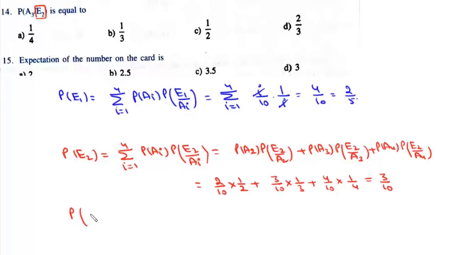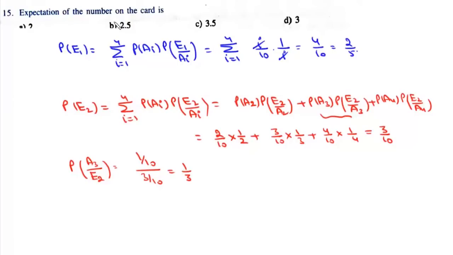Now we need to find this probability that if the card is E2, it has come from this third box. So we'll take this case in the numerator. So it will be this 1 by 10 divided by 3 by 10, which is 1 by 3, and that's your option B.